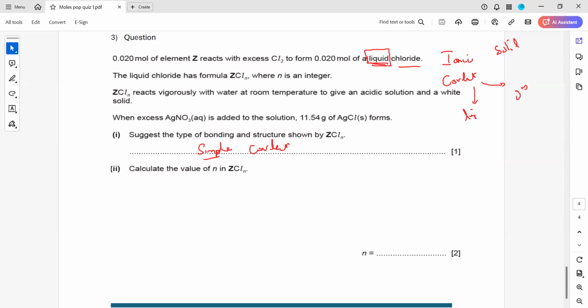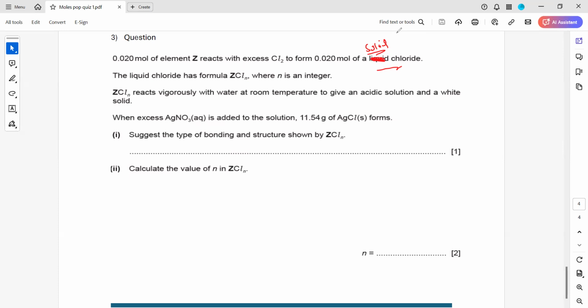If it was a solid, like in the question, then there should be another information about the conduction of electricity in a molten or aqueous state. That information should be there. Because if it is a solid chloride here, it might have a covalent, giant, or ionic structure.